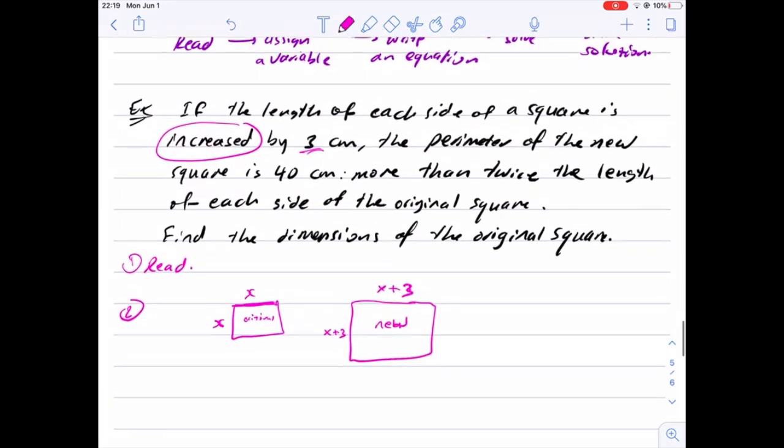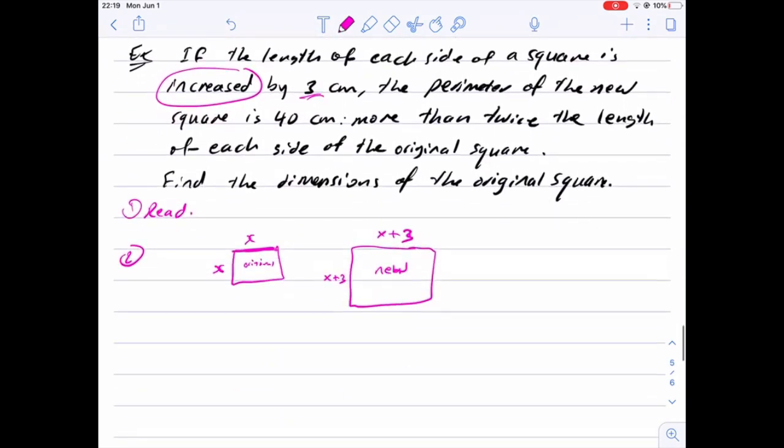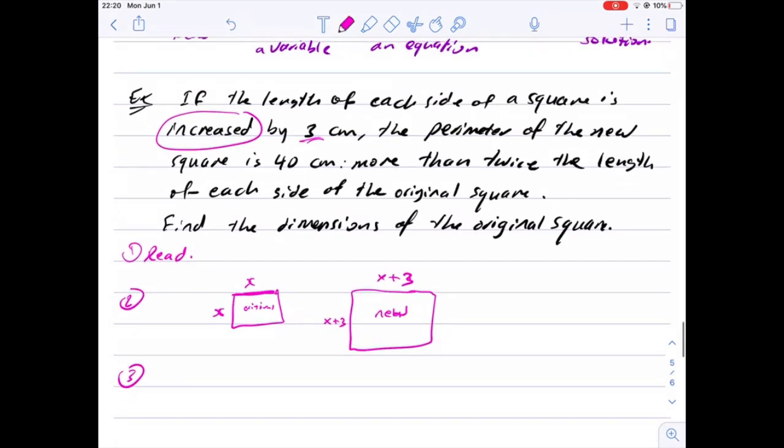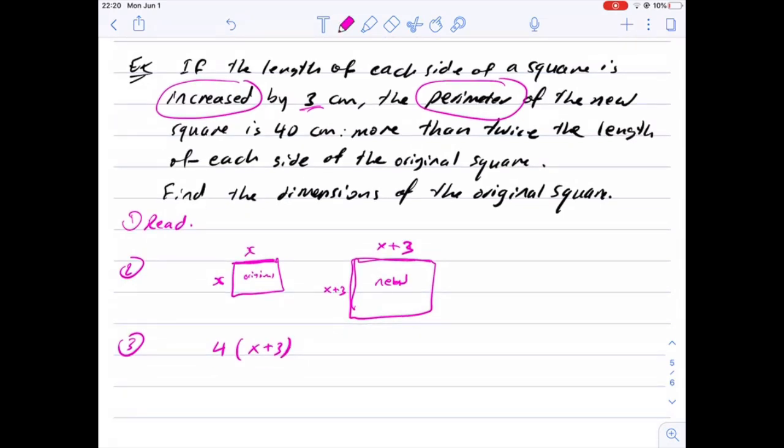Now we already assigned the variable, so step 3, we write an equation. We are talking about the perimeter of the new square. The perimeter is the sum of all sides. So we have 4 sides, so 4 times the length of one of the sides, x plus 3.